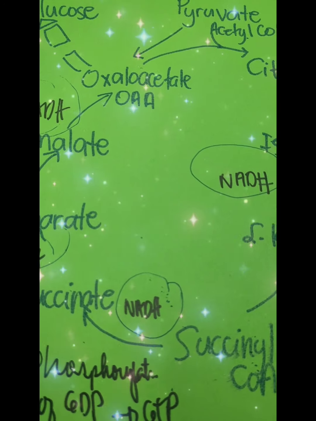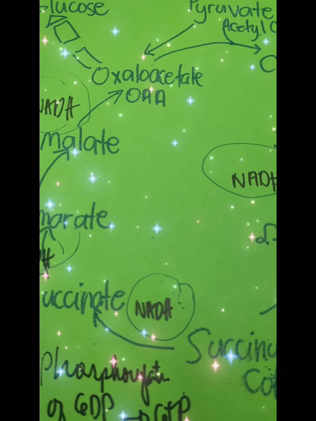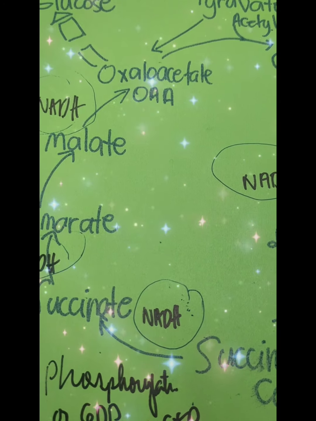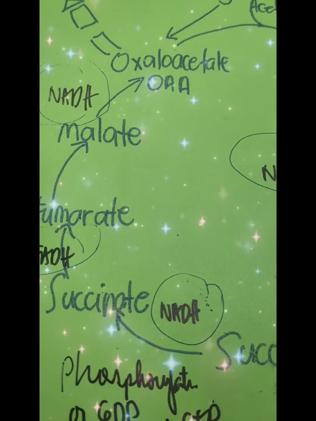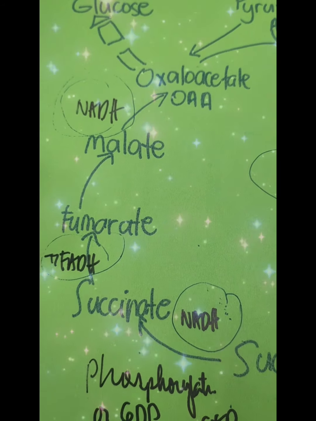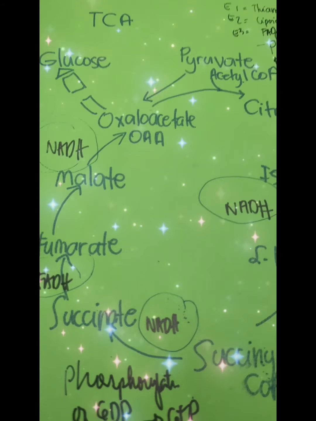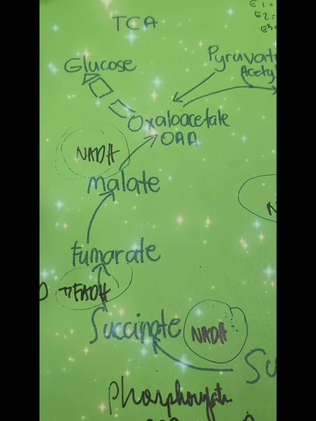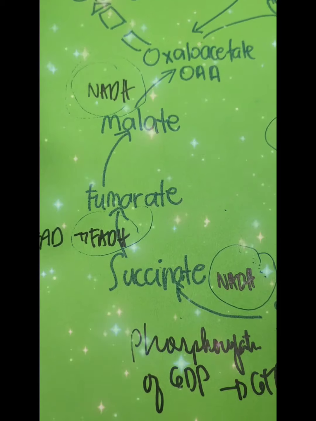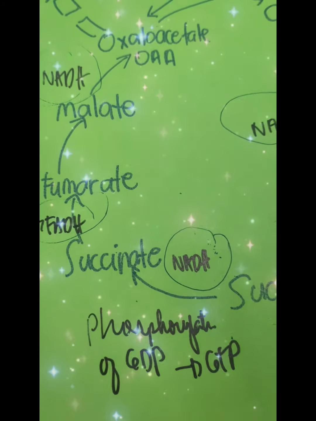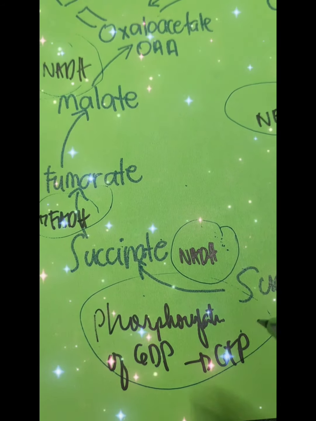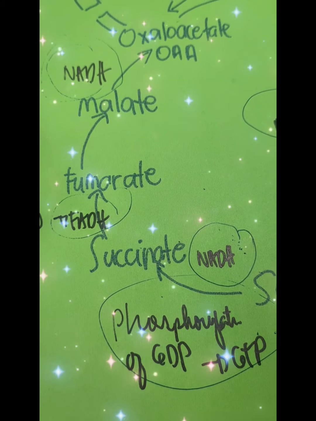And therefore, because the NADH and FADH is present, oxidative phosphorylation can happen, thus producing your ATP. Ayan po yung reason kung bakit nakakagawa siya ng ATP. The production of GTP as well is shown in the cleavage of succinyl-CoA to succinate. Ayan po. Phosphorylation of GDP and GTP.